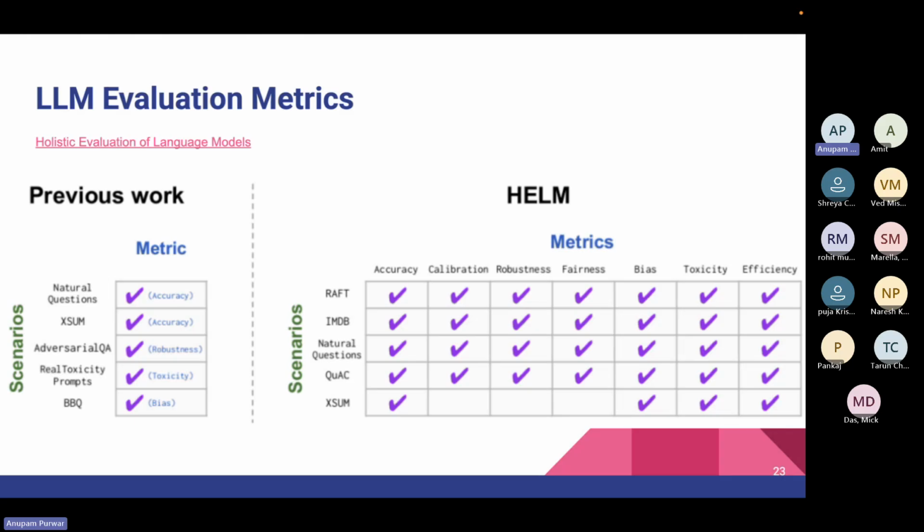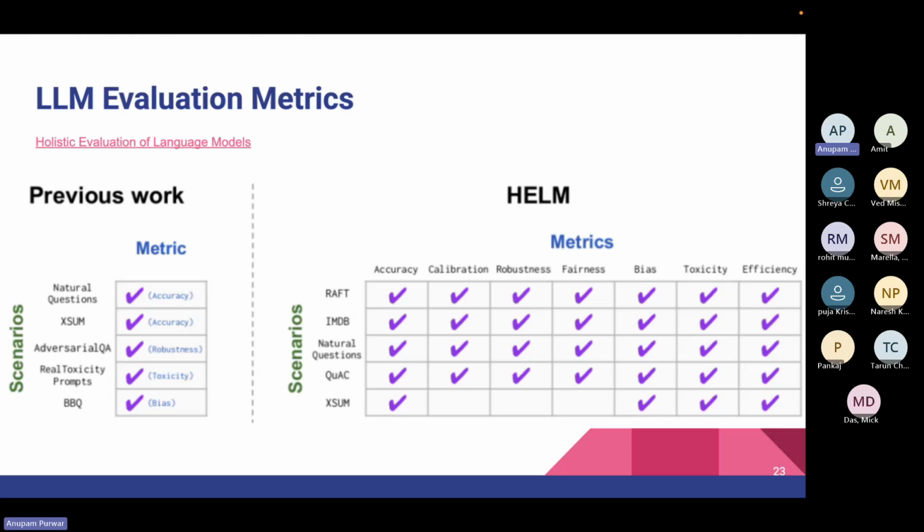You can look at the responses generated by the LLM, calculate the values of these metrics, and then see how these metrics are changing. Are they going up, or are they going down?